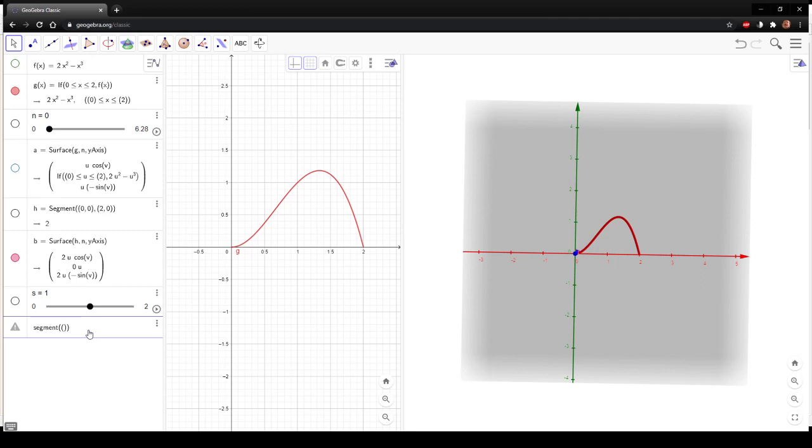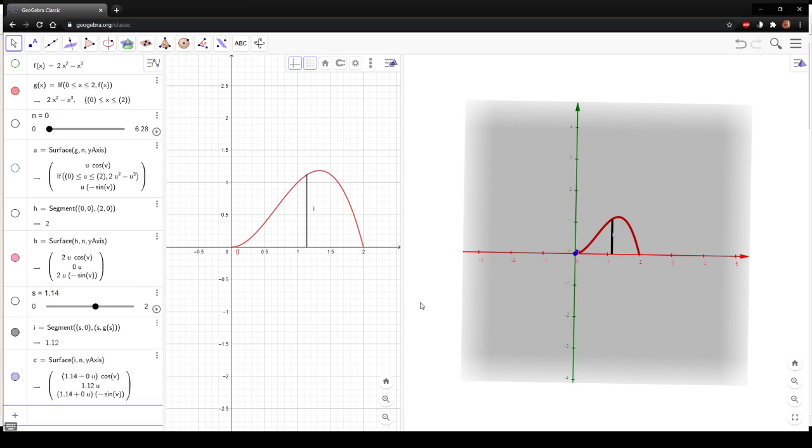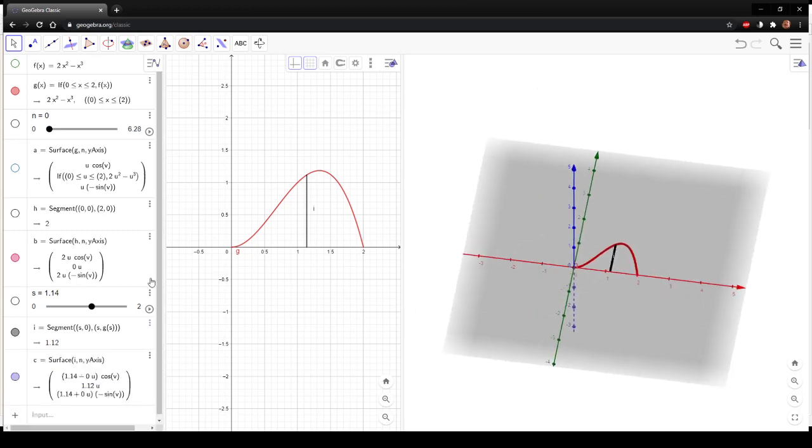So the slices are going to be composed of line segments connecting the point s, 0 to s, g of s, like so. Now let's see what happens when we rotate this about the y-axis. What sort of shape are we going to get? It's not going to be a washer, but we might still end up with something that we can work with.